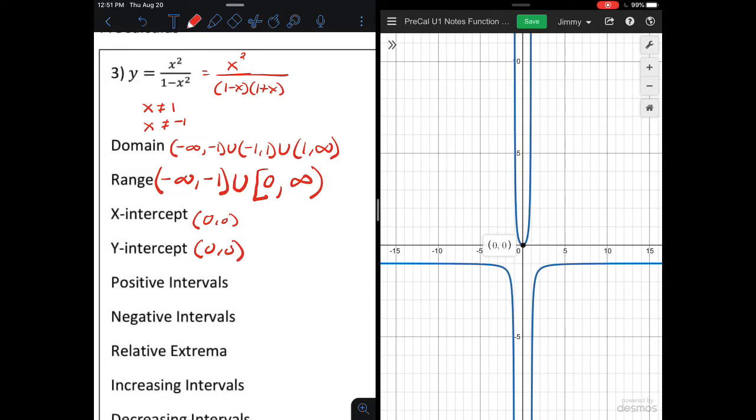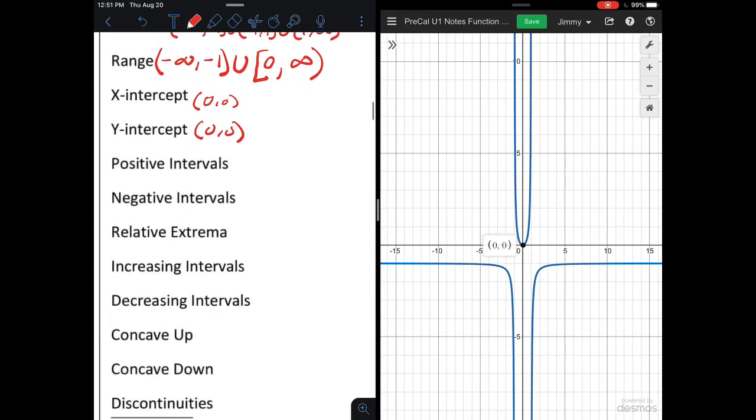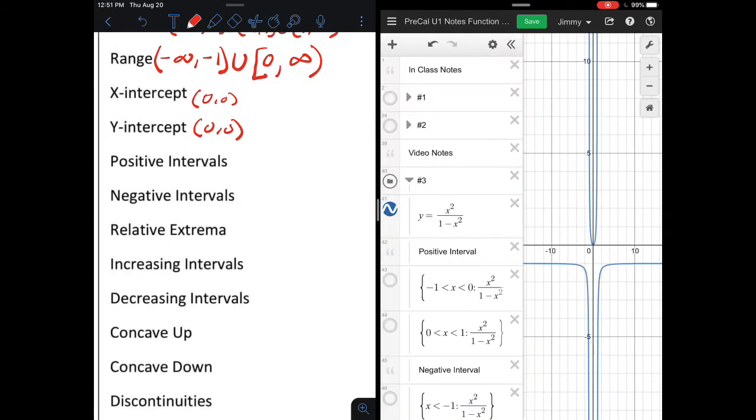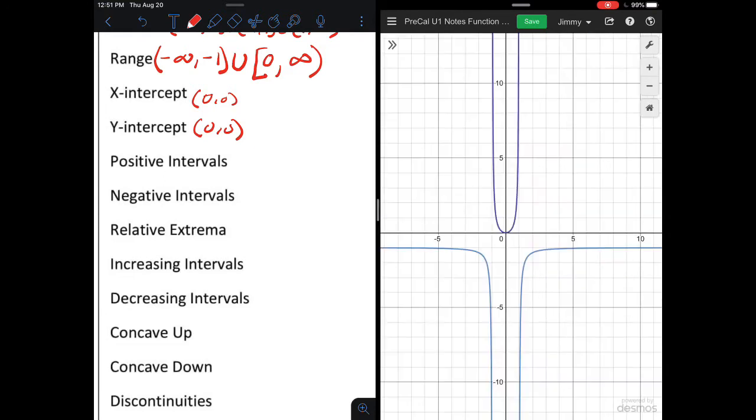Now we're looking for where the graph is positive or negative. A graph is positive where it lies above the x-axis. The purple region here, it's a little hard to tell, is where the graph is positive, lying above the x-axis, and all the blue is where it lies below.